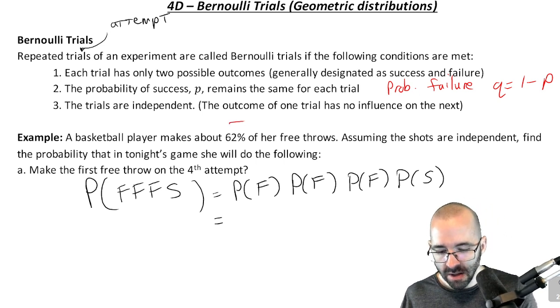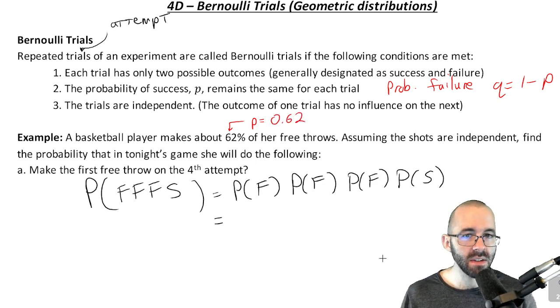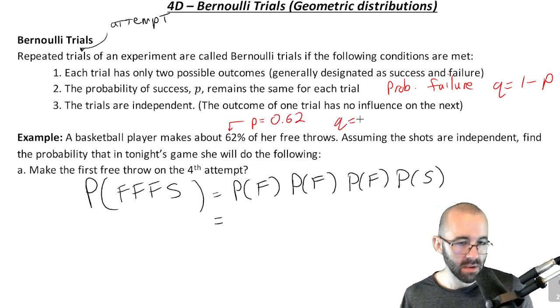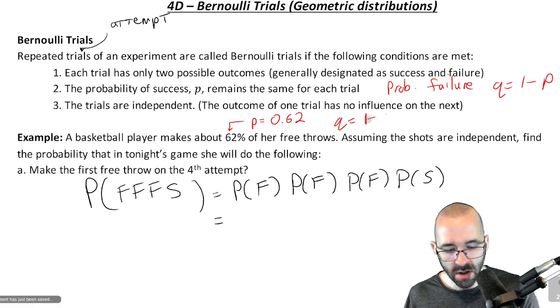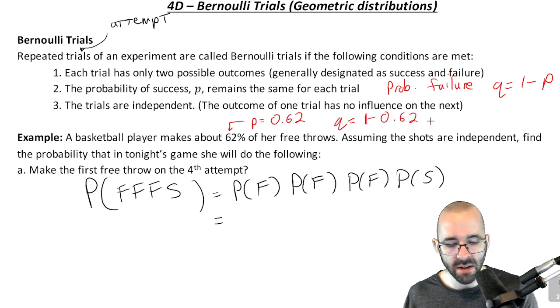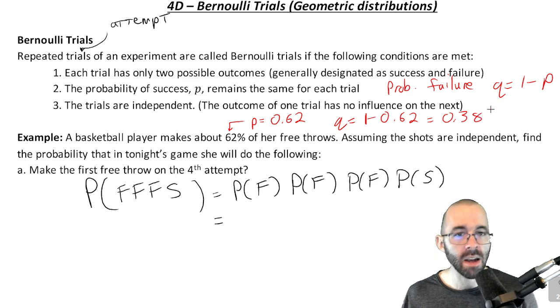So here, P is 62%, 0.62. Q is the probability left over. 1 minus 62%, that's 38%.